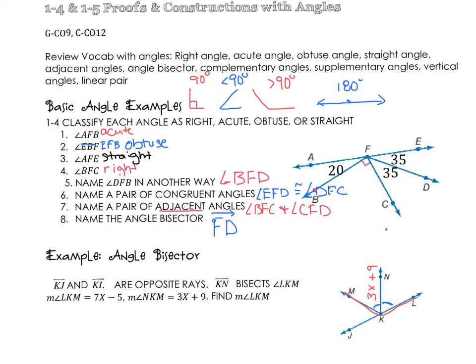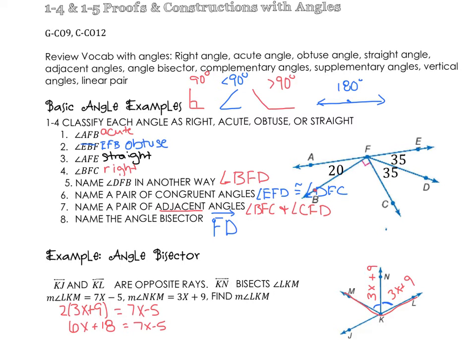Well, if this is 3x plus 9, this side also has to be 3x plus 9. So you can either add those two together, or you can say there are two of them. So 2 times 3x plus 9 equals the entire angle, which is 7x minus 5. So if we distribute, we get 6x plus 18 equals 7x minus 5.